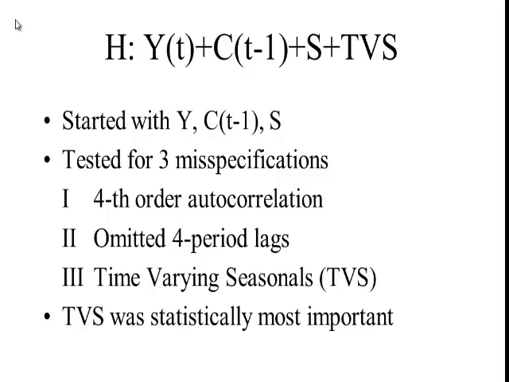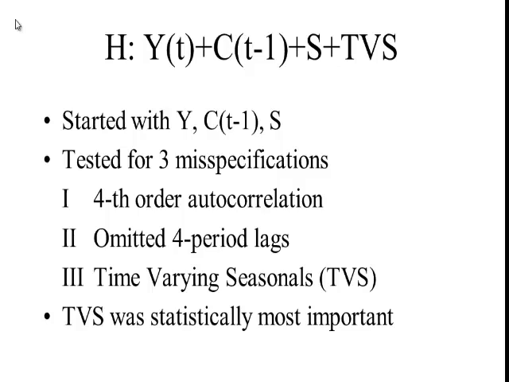So he found that fourth order autocorrelation is significant misspecification. Omitted 4-period lags, which means yt minus 4 and ct minus 4 or 5 is important. So both of those variables are significant. And then time varying seasonals, that's also significant if you put it in.